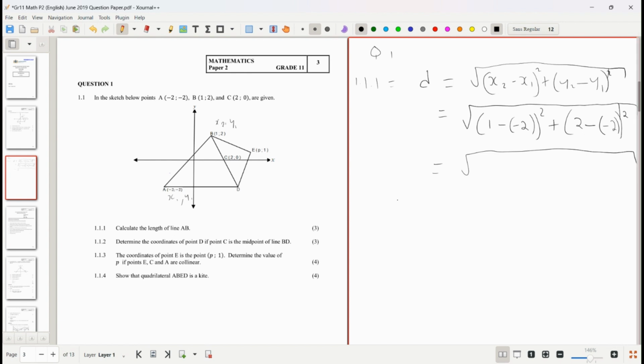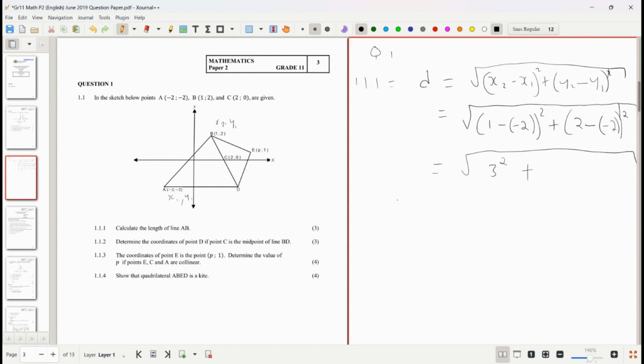Now we'll have 1. Negative times negative is positive. So we'll have 1 plus 2, which is 3, squared. Remember, we're squaring this, so don't forget that. And then here we have 2. Negative times negative is positive.